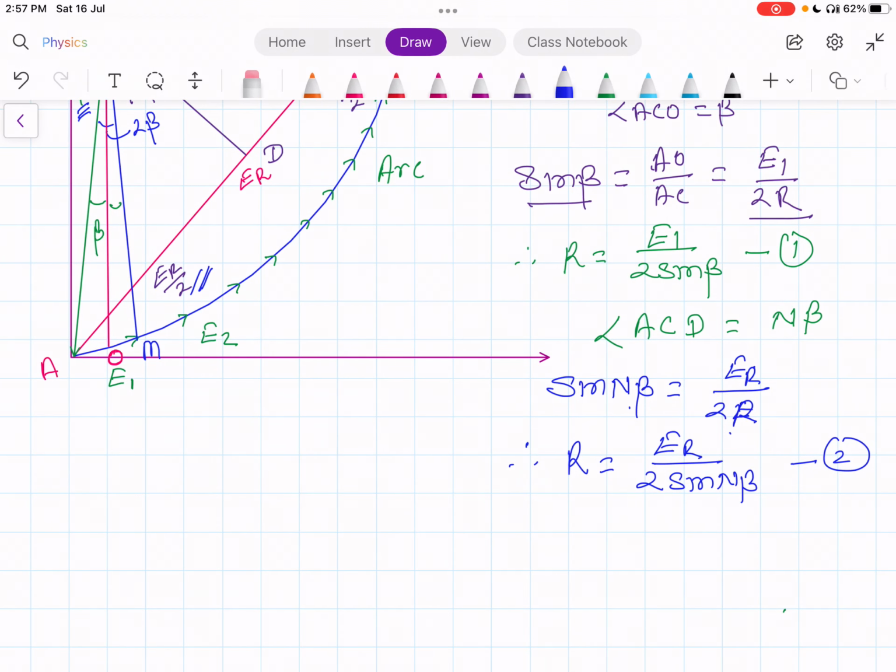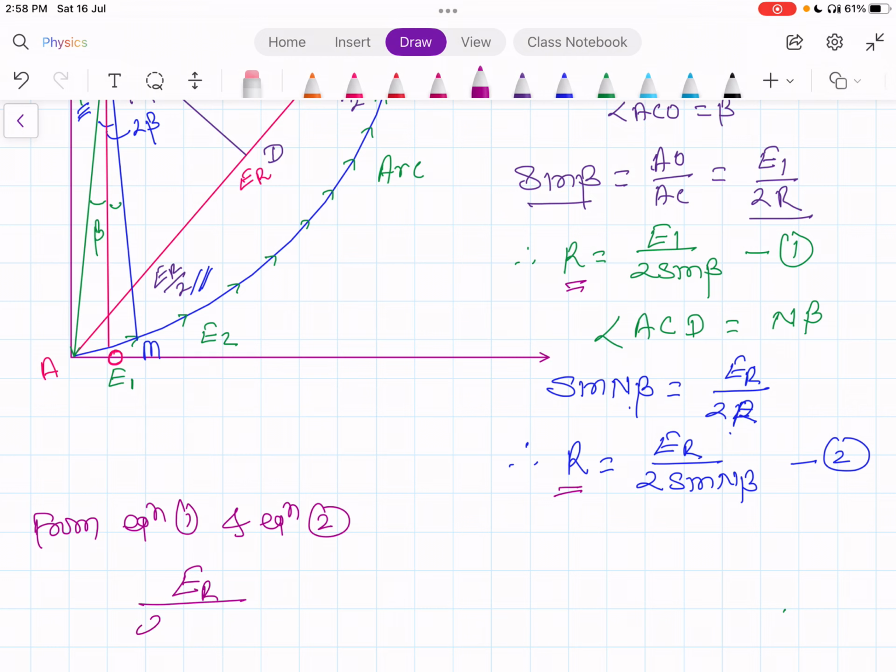Then from equation 1 and 2, you can see the left hand side is R, so the right hand side should be the same. So we can write ER upon 2 sine n beta is equal to E1 upon 2 sine beta.